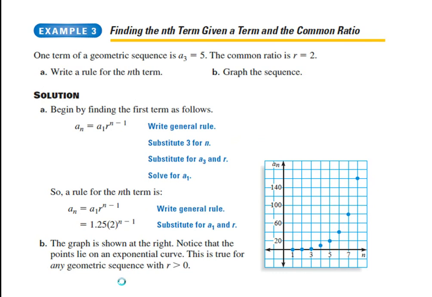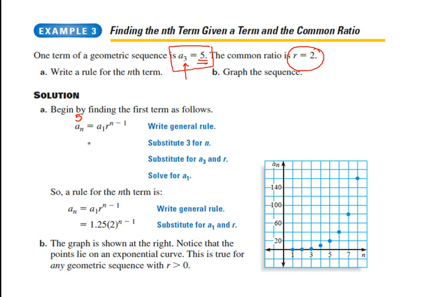Now, this next one is similar but a little bit different again. They give us the r, but they don't give us a sub 1, they give us a sub 3. But again, don't let this confuse you. It's the same concept. What does this tell us? It tells us two pieces of information. When n is 3, we get an answer of 5. So a sub n is 5.